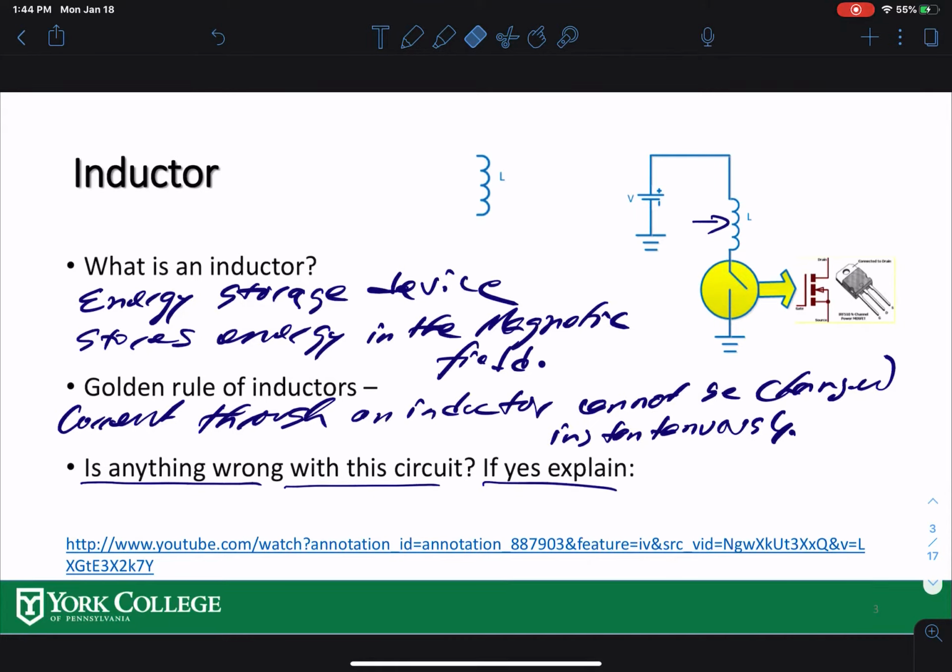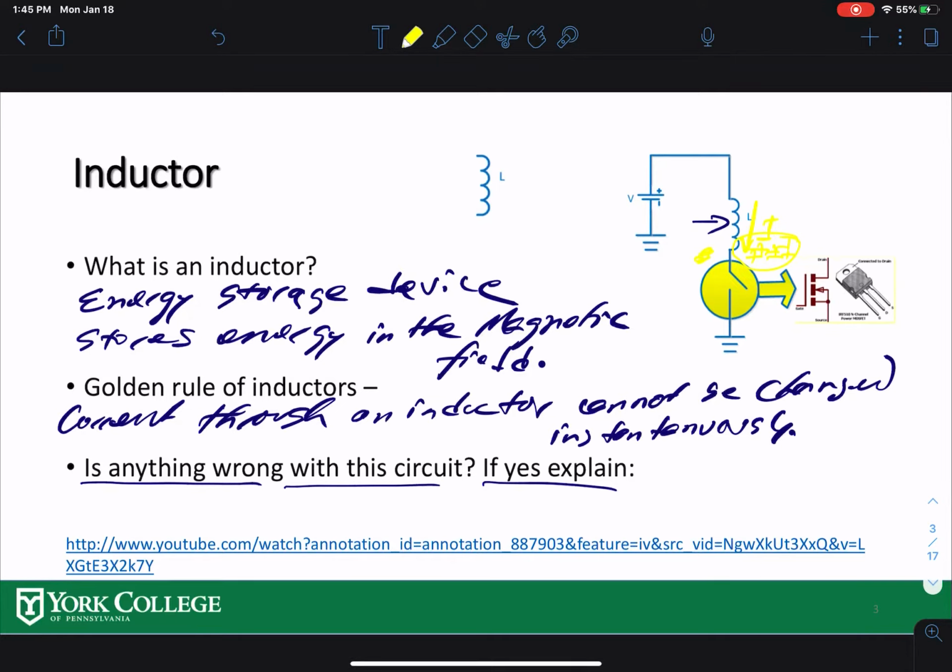Remember that the inductor stores energy in the magnetic field, and it's going to push current in the same direction until all the energy in the inductive field is reduced to zero. So current is going to come this way, but it has no place to go because the switch is off. So potential is going to build up at this point.